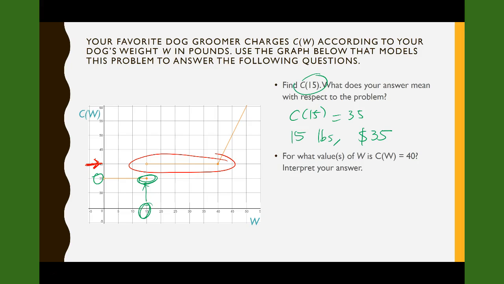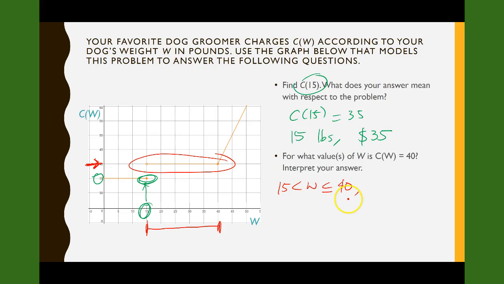As you can see in the graph, it's from 15 to 40, but not including 40. So this is when W is greater than 15, but less than or equal to 40. So you can see here, the open circle, that's why it's just W is greater than 15. It cannot be 15.